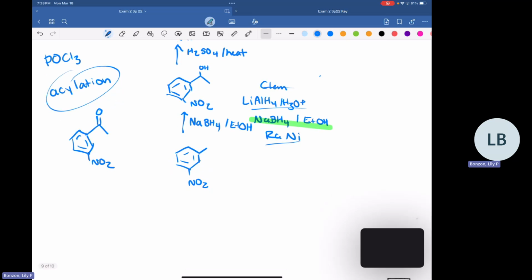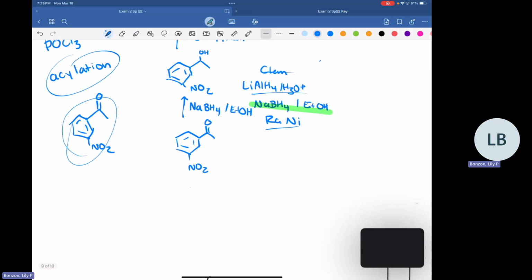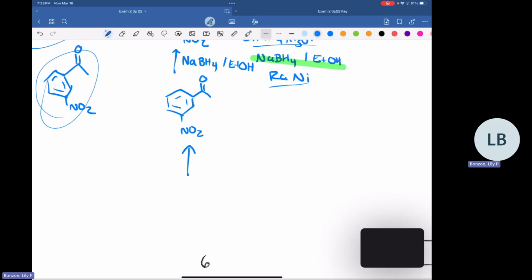Okay, and so again, we wanted to go back to this. So we've got our little ketone. And then from here, we just have to figure out the ortho/para directing stuff. In this case, both of these would be meta directors. I am just going to go back to the nitro group being on there.